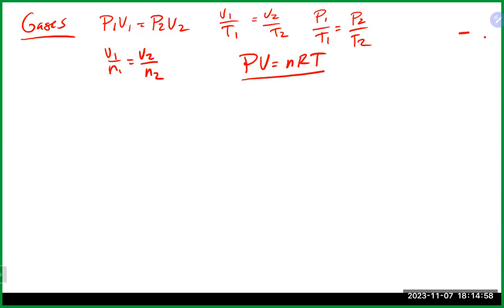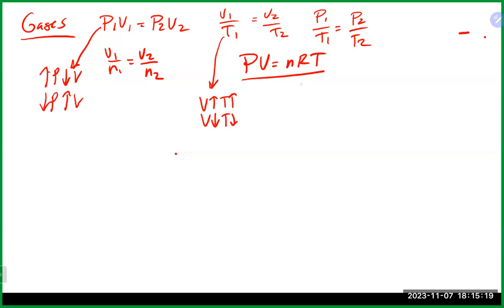And remember, on some of these relationships, when we talk about Boyle's law, as the pressure goes up, the volume goes down. And as the pressure goes down, volume goes up. When we talk about Charles' law, as the volume goes up, so does the temperature. As the volume goes down, so does the temperature. In Gay-Lussac's law, same sort of pattern.